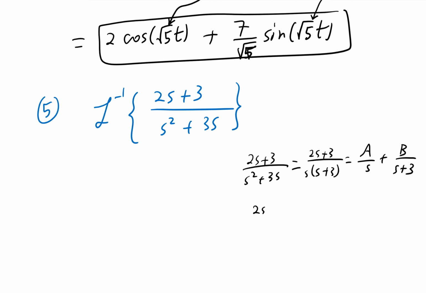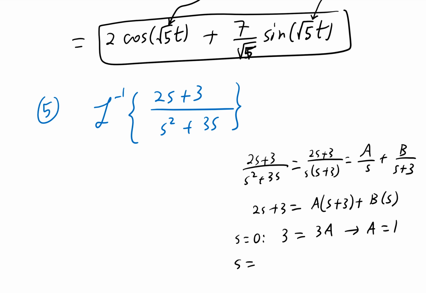Multiply everything by the least common denominator. You get a times s plus 3 and b times s. What we need to do here is solve for a and b. The easiest way is to set s equals 0. So you get 3 equals 3a. So from here a is 1. Set s equals negative 3. So you get negative 6 plus 3, negative 3, equals 0 and minus 3b.